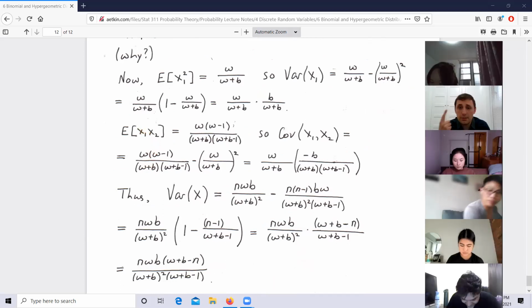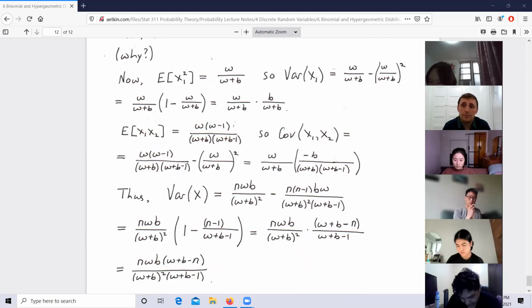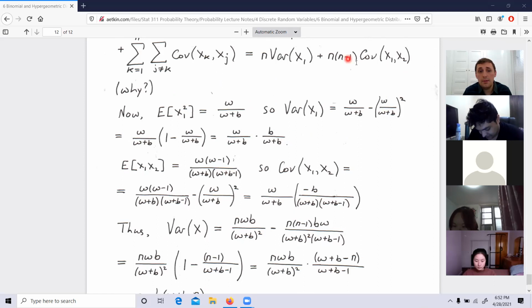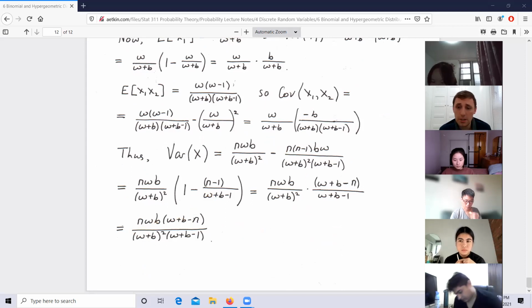That means we had success on first and second trial, correct? Success on first trial is w over w plus b. Success on second trial is w minus 1 over w plus b minus 1. You agree? Because we have fewer balls. Yes, so this is the expected value. And so what happens next? We just take this minus the number squared and multiply by n times n minus 1. And when you calculate, you get this fraction if you want to simplify. But afterwards it's just a calculation.